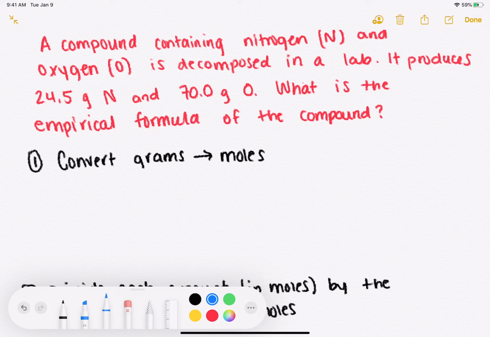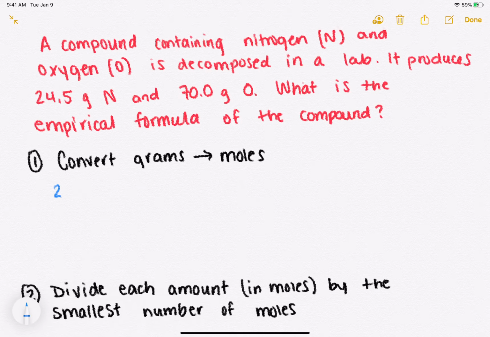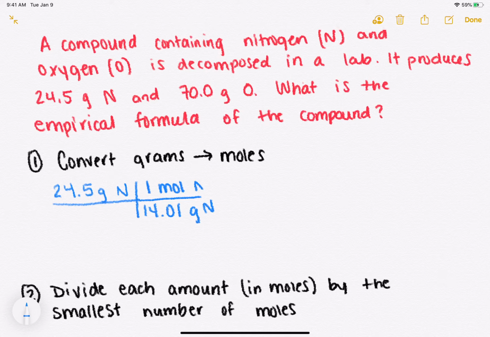So first, we'll start with nitrogen. We have 24.5 grams of nitrogen, and we're going to convert that to moles. The molar mass of nitrogen is 14.01 grams, and that is 1 mole of nitrogen.